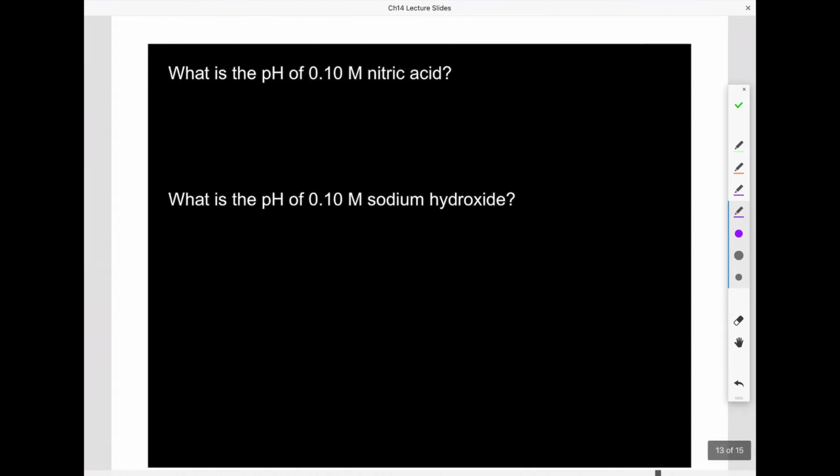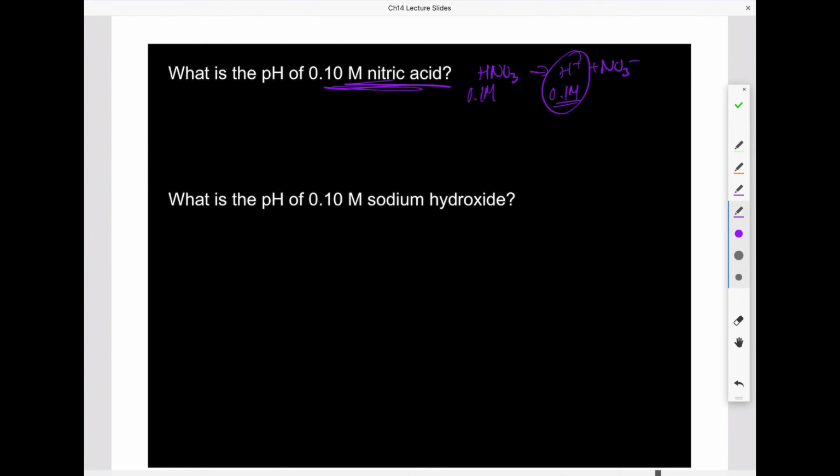All right, so let's do some quick calculations. What is the pH of 0.1 molar nitric acid? All right, so first, let's have a formula, nitric acid. And again, we're going to stay in the land of strong acids and strong bases. So what that means is if I have 0.1 molar nitric acid, I also have 0.1 molar H plus, or 0.1 molar hydronium.